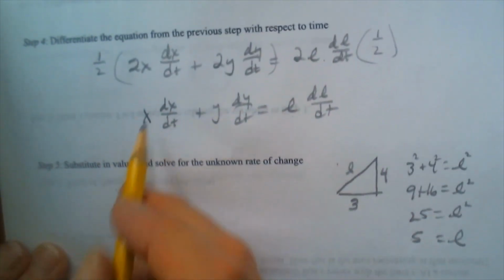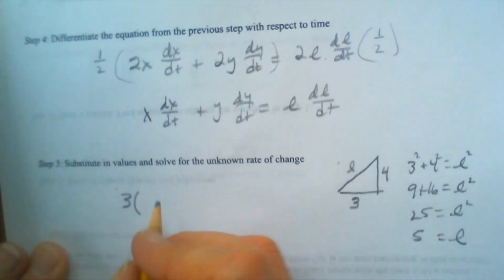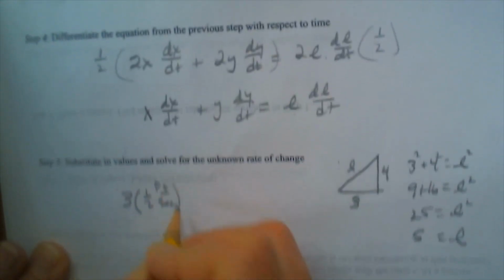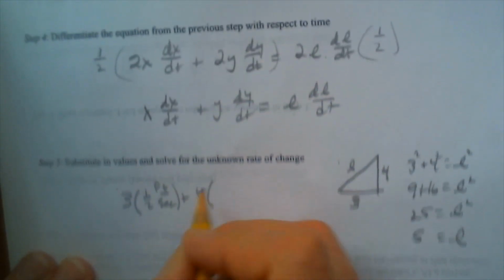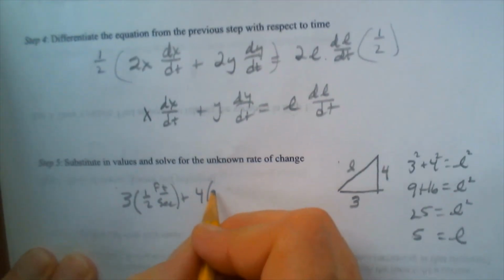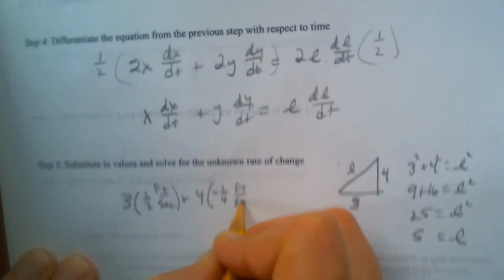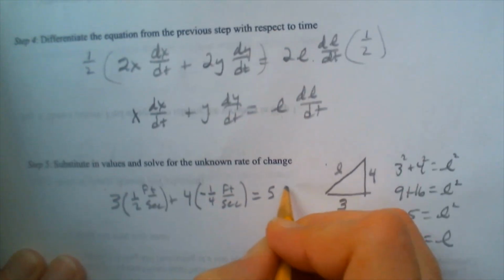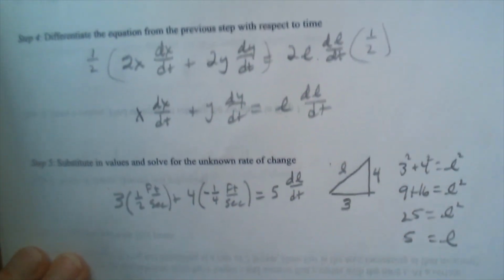So the x value they tell us is 3. dx dt from way above is 1/2 foot per second, plus the y value is 4, and the derivative dy dt was negative 1/4 foot per second, is equal to L, which we just figured out was 5, and then dL dt is what we're trying to solve for.